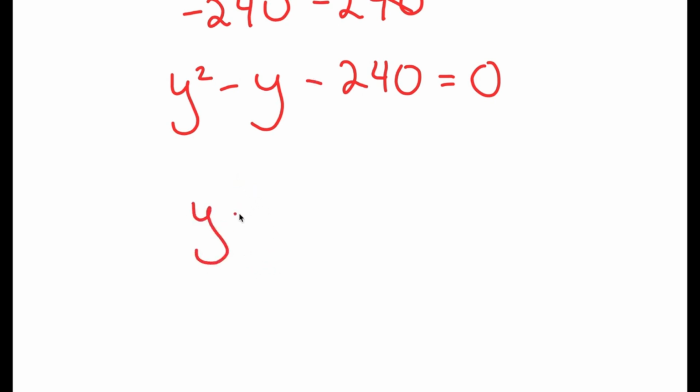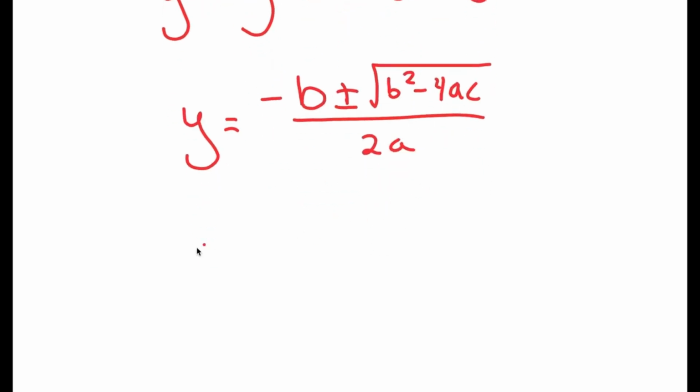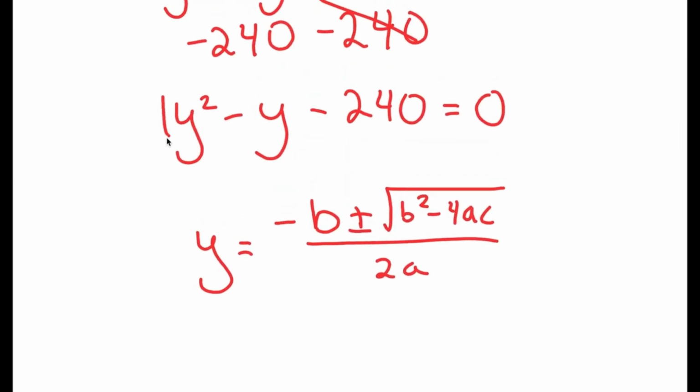If you guys didn't already know, the quadratic formula is negative b plus or minus the square root of b squared minus 4ac all over 2a. So in this case, looking over here, a is 1, b is negative 1, and c is negative 240.